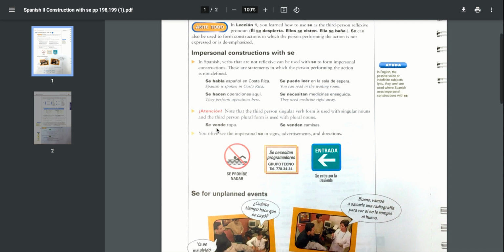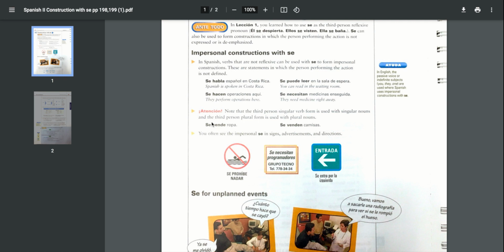The next bullet, atención. Note that the third person, okay, this is important. The third person singular is used with the nouns when the nouns are singular, and the third person plural is used when the nouns are plural. So in this case, se vende ropa. So if you look at ropa, it's a singular. So you're going to use the third person, and the verb is going to be se vende.